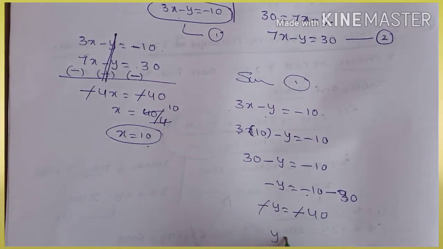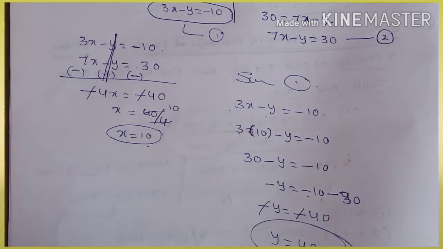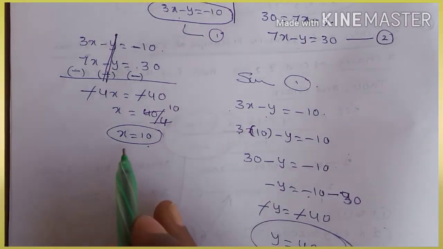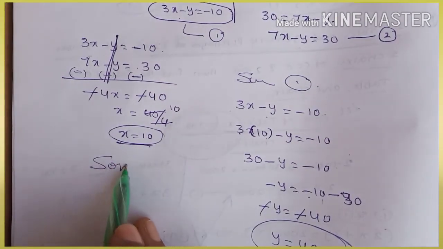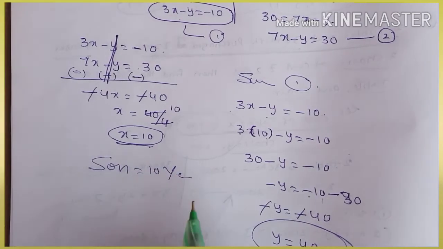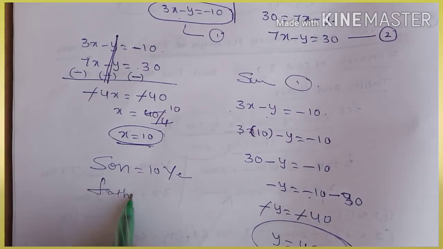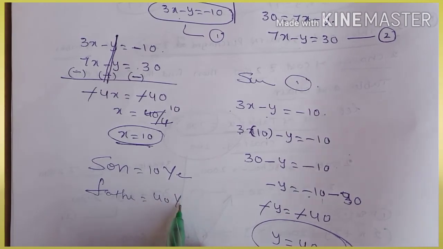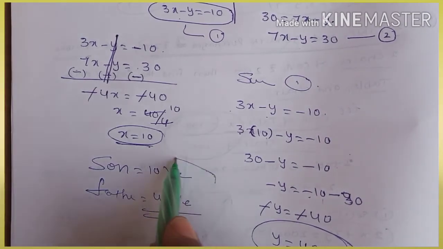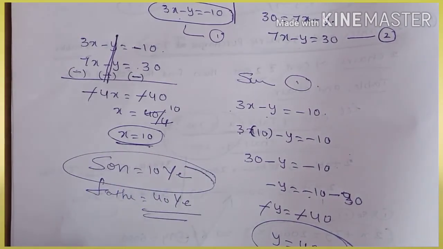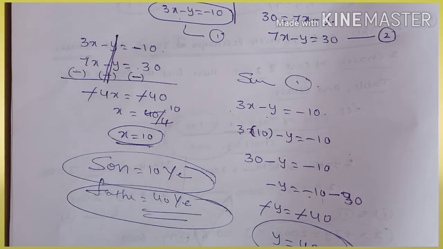Both minuses get cancelled. Value of y is equal to 40. So son's present age is 10 years, and father's present age is 40 years.